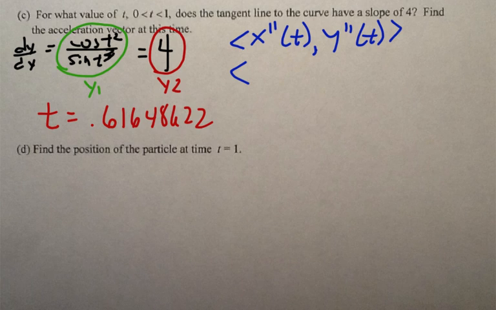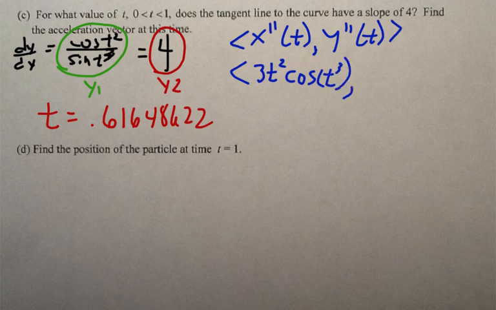So the sine of t cubed was x prime, so we're going to take the derivative of the outside function, which the derivative of the sine is the cosine, copy the inside function, which is t cubed, and multiply by the derivative of the inside function. The derivative of t cubed is 3t squared, cosine of t cubed.